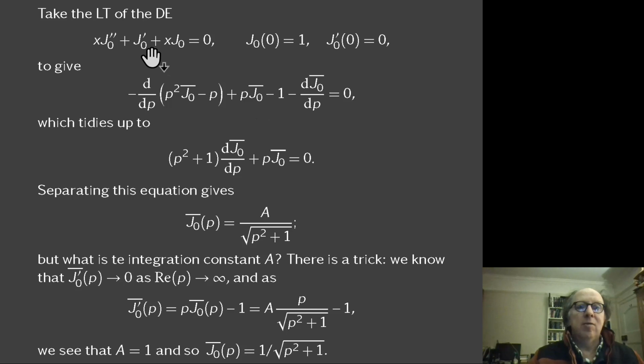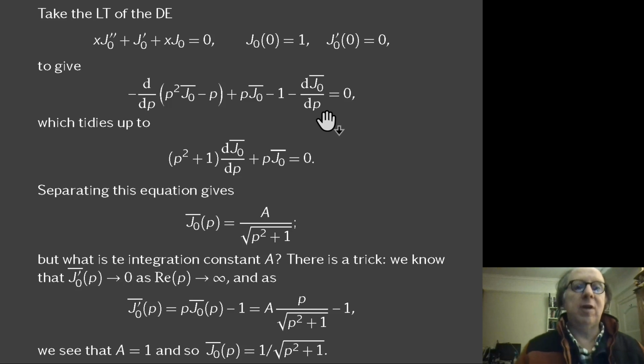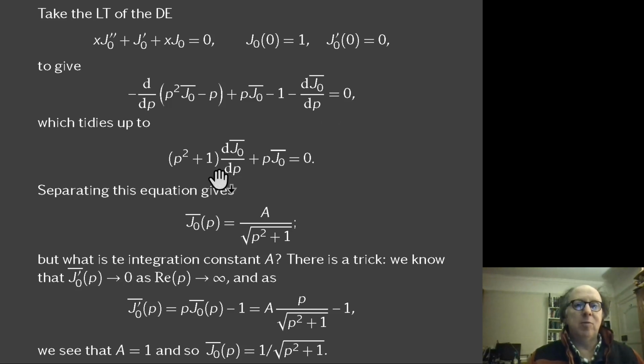And then the J0 prime gives you p J0 bar minus 1. And the x J0 gives you minus d J0 bar by dp, all equal to 0. And if you tidy that up, you find p squared plus 1 dJ0 bar by dp plus p J0 bar is equal to 0. With the 1 cancelling, you can see the d by dp of p and the 1 go away.